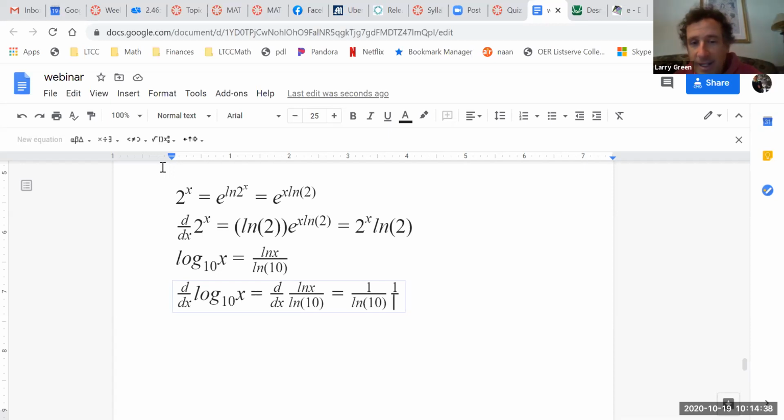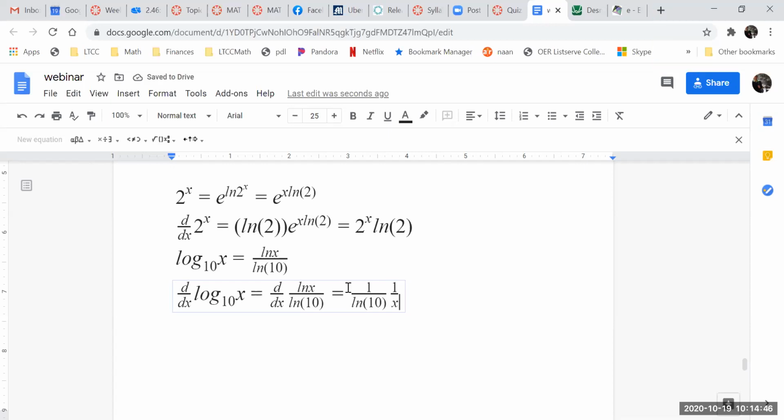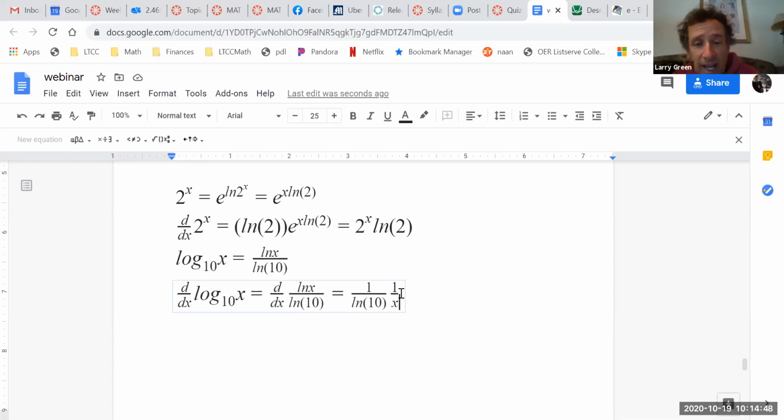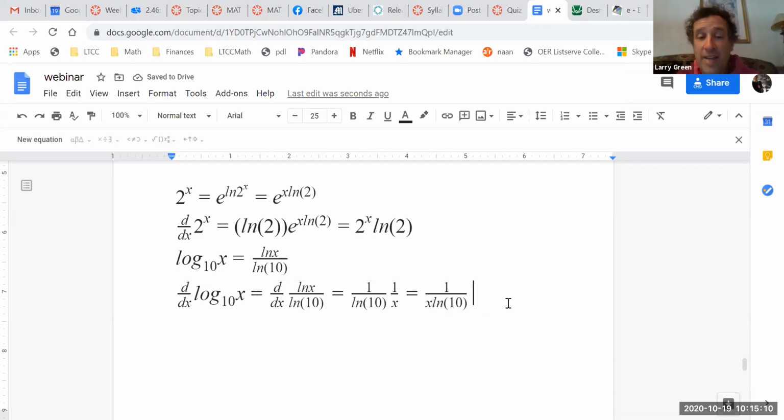What's the derivative of ln of x? You want to memorize it, by the way. It was 1 over x. Oh yeah, that one. Okay, and that's what you get. I'm going to write it a little prettier because it's what most people write. Most people put them together. So it's 1 over x ln of 10. And was there anything special about the number 10?